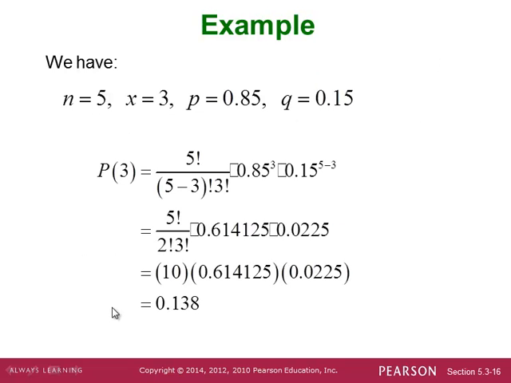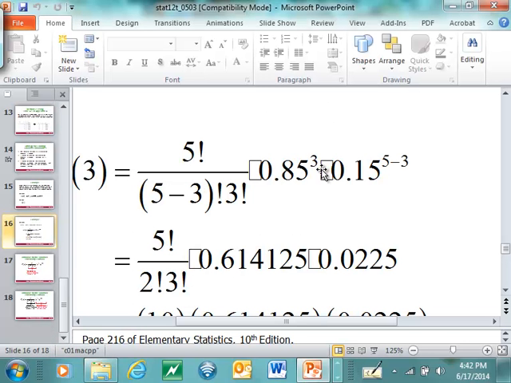Now, if you want to use your pencil and paper together with a calculator and use the formula, then you'll have P of 3, the probability of having 3 successes, is going to be 5 factorial, remember, 5 is the number of trials, divided by 2 factorial, 3 factorial, times 0.85 cubed, times 0.15 squared. And then just simplify all that. I'm going to jump over to my calculator here.